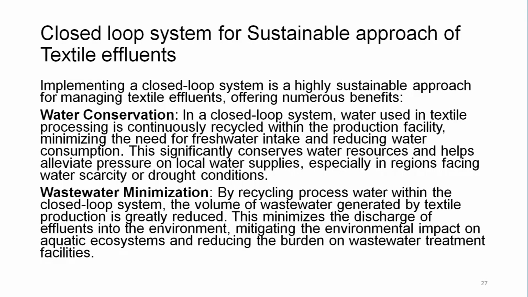Wastewater minimization means that by recycling water within the closed loop system, the volume of water generated by textile production is automatically reduced, and therefore this minimizes the discharge of effluent into the environment, mitigating the environmental impact on the ecosystem and reducing the burden on wastewater treatment facilities.